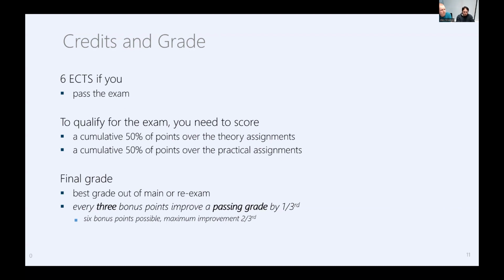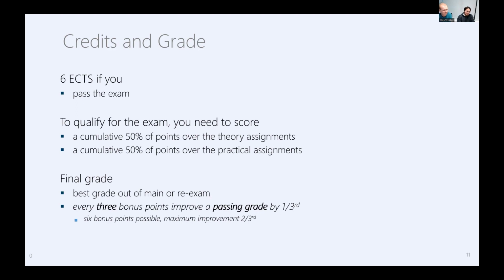This means that you have the opportunity to take 2 exams, and then we will take the best grade out of these 2 exams. You can either decide to do just 1 exam and stick with the grade that you get, or do both of the exams and see whether you can do better.